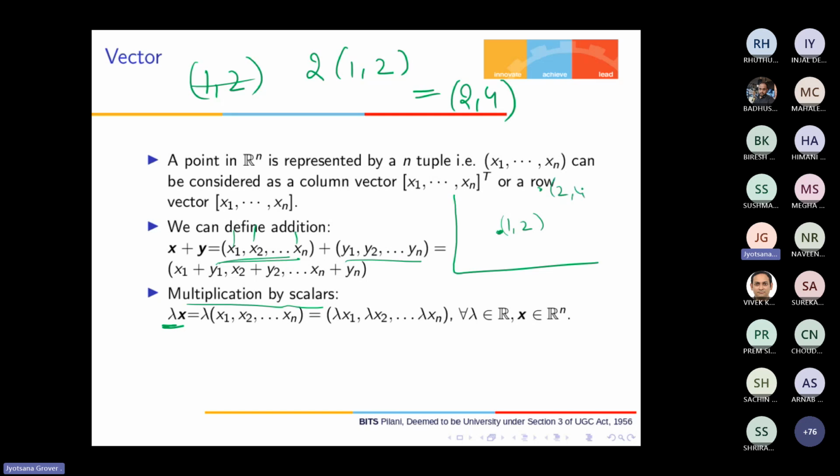You have stretched it by multiplying. So this slide just talks about the vector concept. It is represented by an n-tuple, n components. You can add two vectors: x1 plus y1, x2 plus y2, and so on, xn plus yn. And you can do multiplication by a scalar.